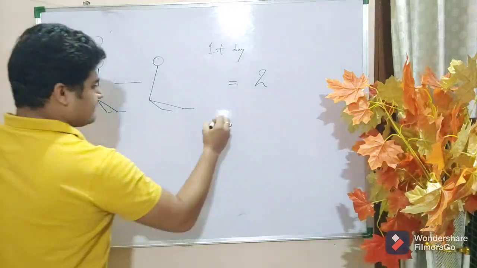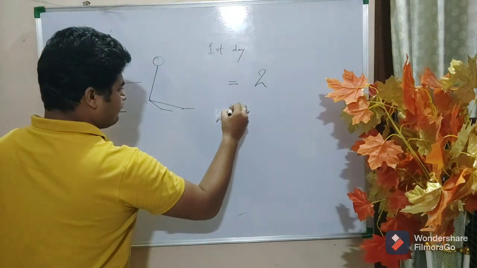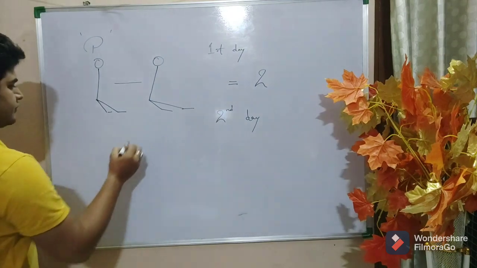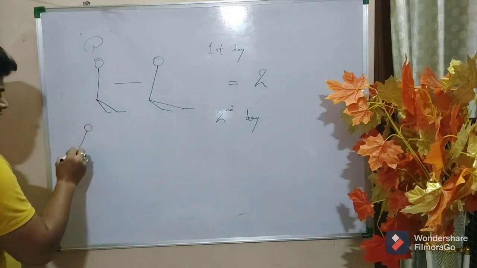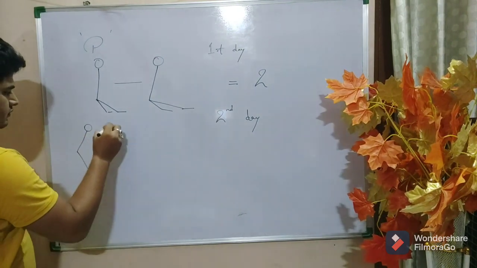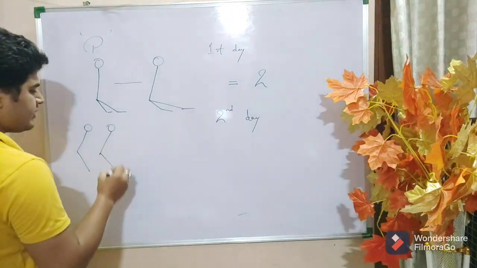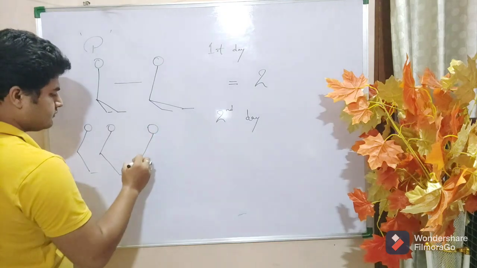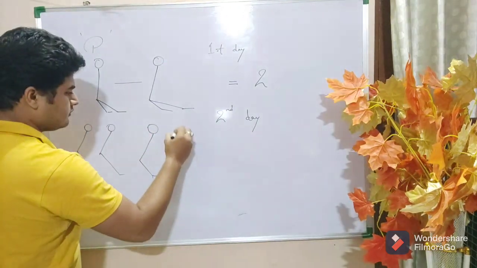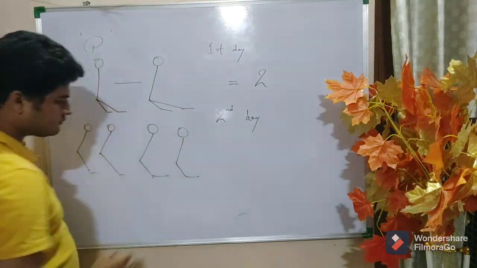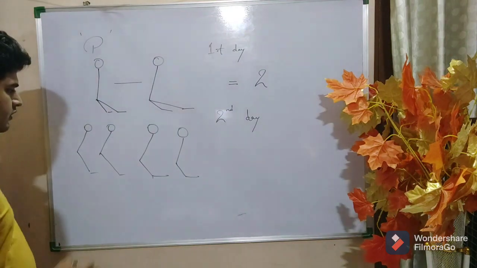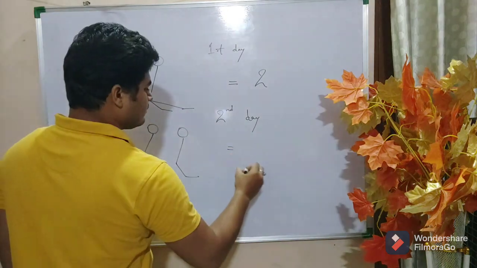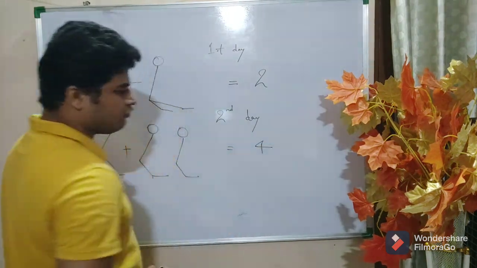The very next day, that is the second day, now there are 2 patients. So 2 patients will infect one each. So 2 plus 2 will be how much? 4 patients.